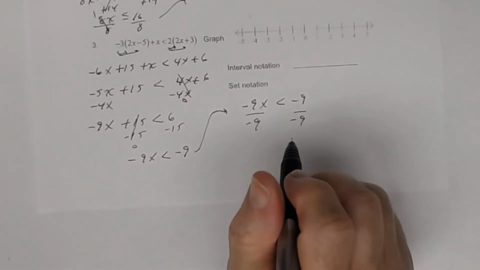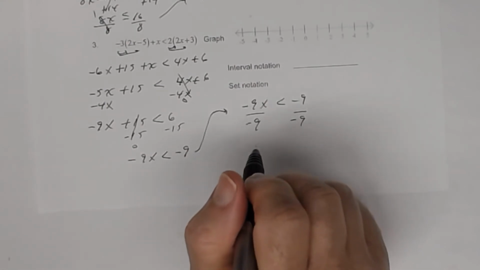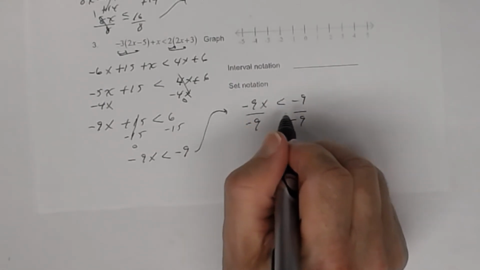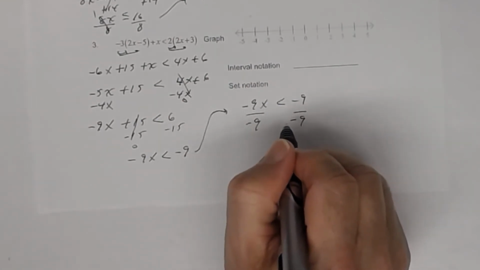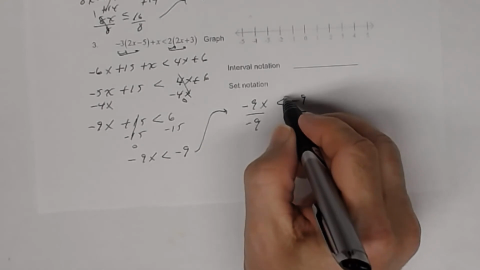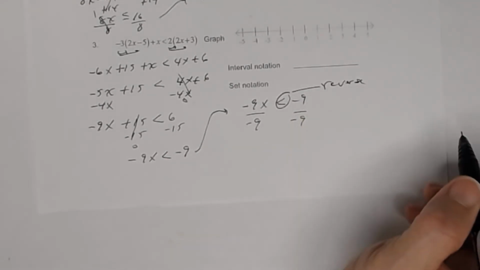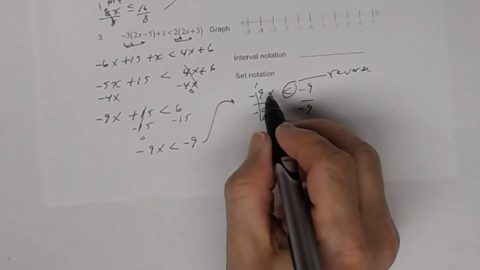But remember, one of our properties that you learned in the lessons was that whenever you multiply or divide an inequality by a negative number, and I'm doing that here, I'm dividing by a negative number, you must reverse the inequality symbol. So negative 9 divided by negative 9 is 1. 1 times x is x.